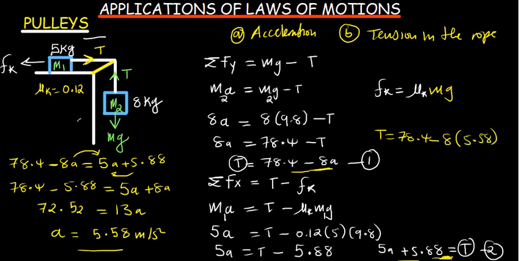Let's see what we get as the tension. 78.4 minus 8 multiplied by 5.58. So the tension is now going to be 33.76 newtons. So that is how you are able to work out this question. This is how you apply the laws of motion on pulleys.